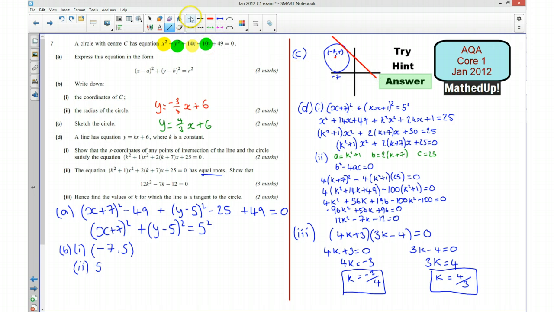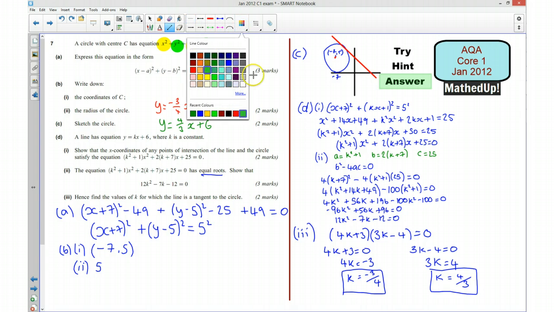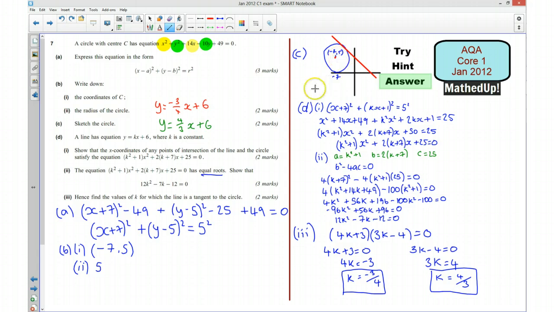And we've also got a different tangent to the circle where the gradient is 4/3, and it goes through this value of 6, and it's going to look like that there. That's basically why we ended up getting two values of k, because there are actually two possibilities for this tangent.